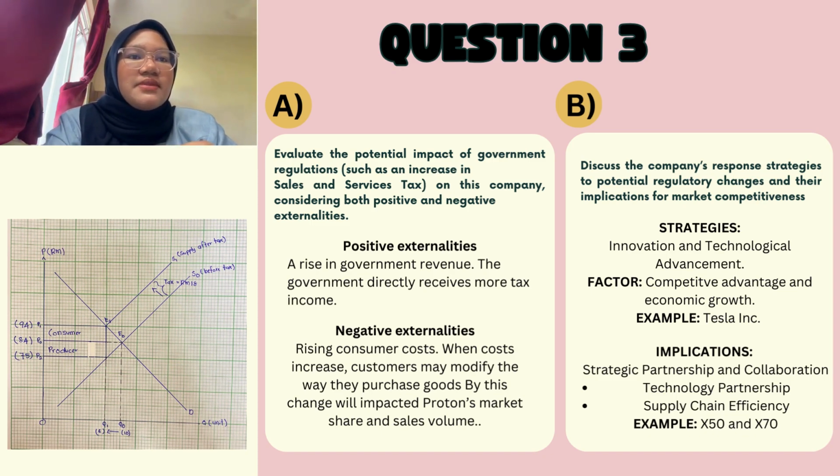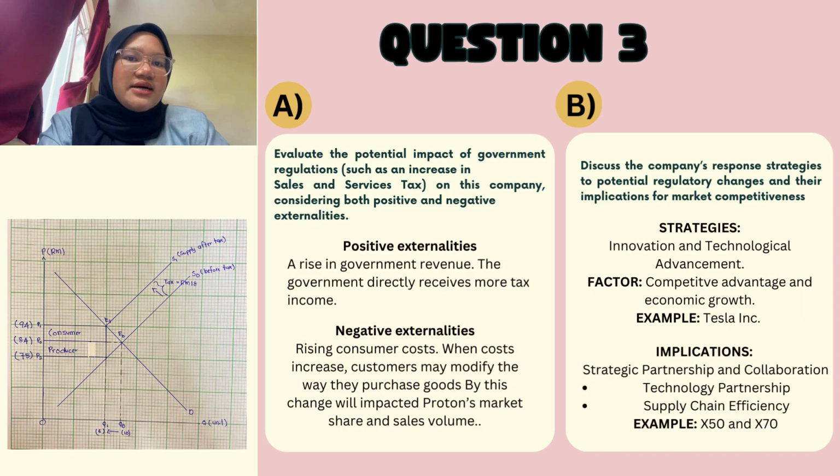This might deliver new technology, improve existing products, or find alternative materials that meet regulatory criteria. The importance of innovation and technological advancement is competitive advantage. Organizations that innovate can differentiate themselves from competitors, attract customers, and capture market share.